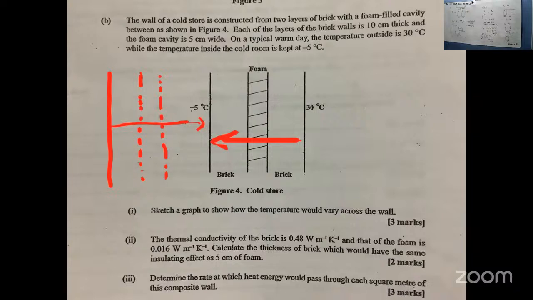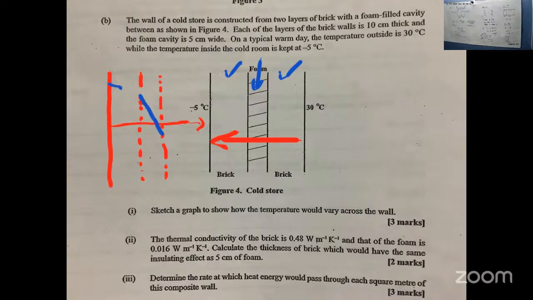So it might look something like this, right? Brick is the better conductor, foam is the poor conductor, right? So the foam would have this sharper gradient.